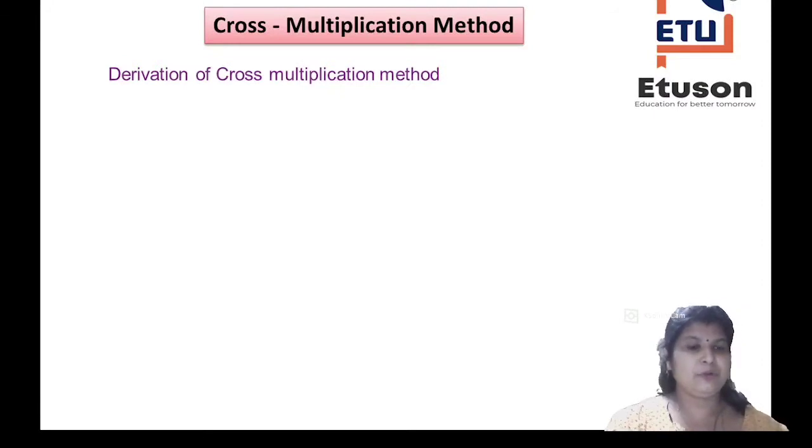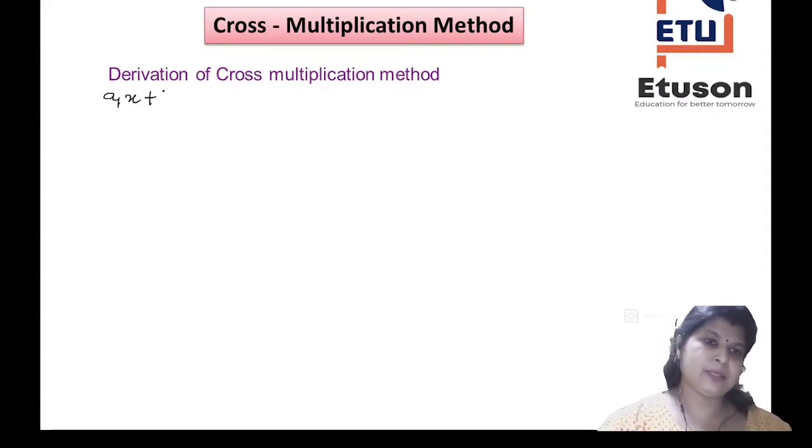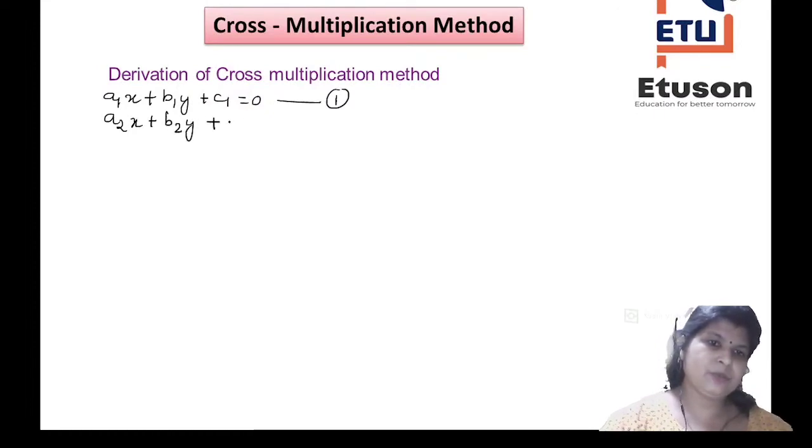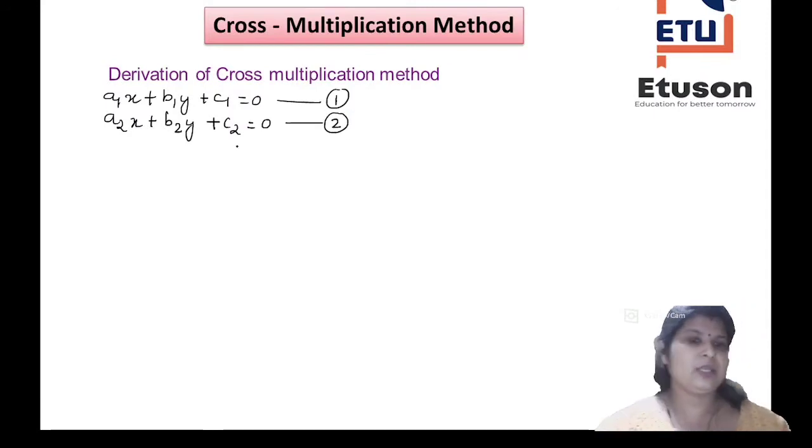So let us derive the formula for the cross multiplication method. For that we will take the equation a1x plus b1y plus c1 is equal to 0, that is equation 1, and a2x plus b2y plus c2 is equal to 0, this is your equation 2.